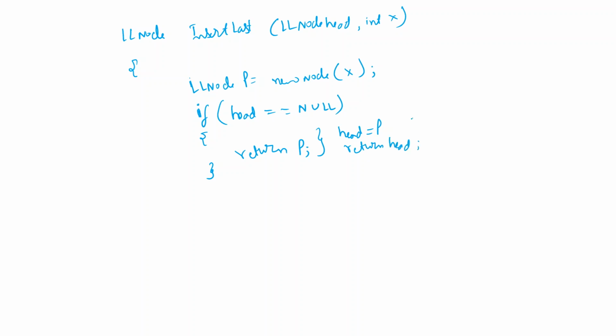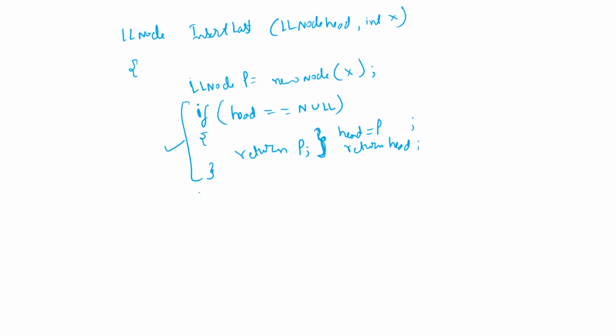They both are same things, right? So in case the linked list is empty, that means head is null, and you are inserting a new node at the last. So then that last node will be the first node as well. So that means the address for that particular node will be the head that needs to be returned, right? And then this is covered.